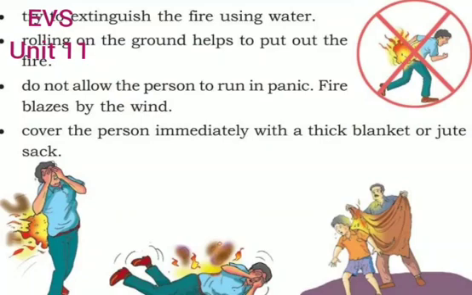Fire can spread by the wind, so do not allow him to run. Cover the person immediately with a thick blanket or jute sack. So these are the things you have to do when a dress or a person catches fire.